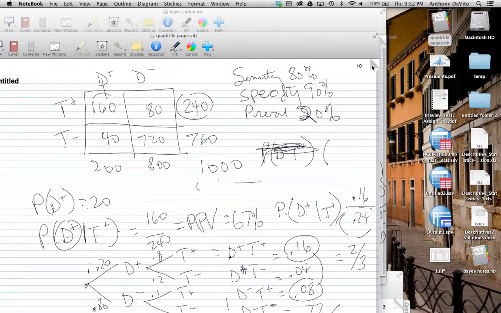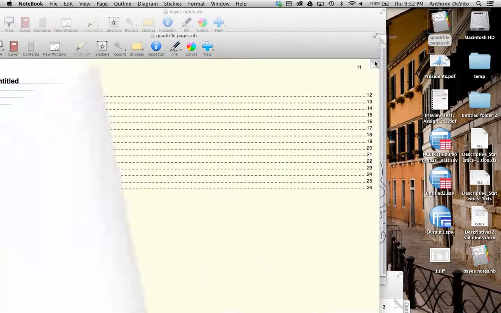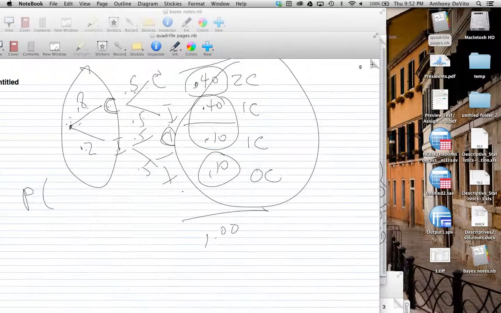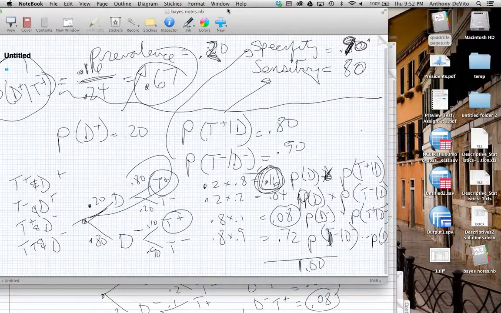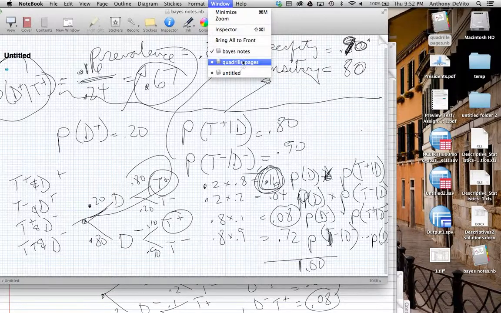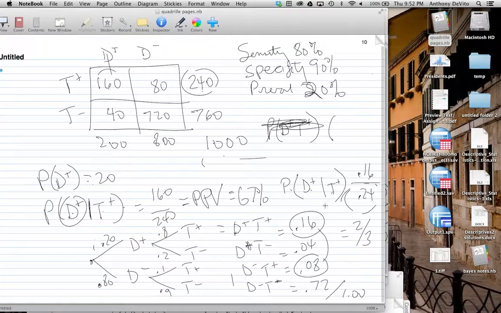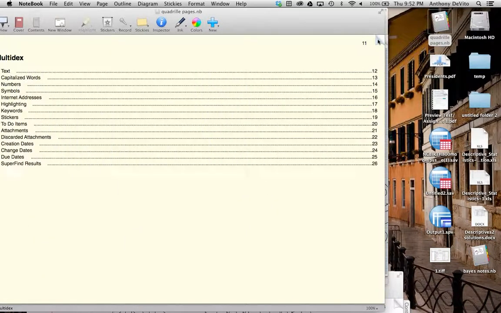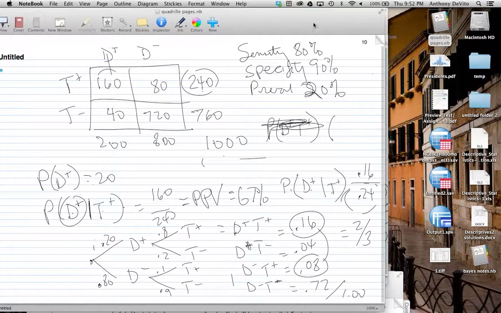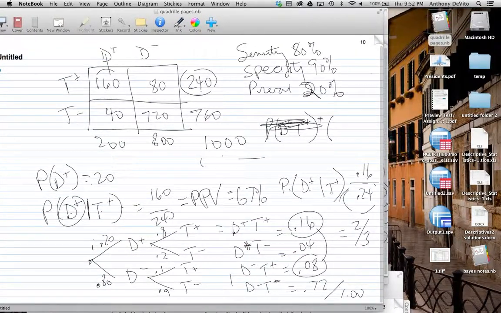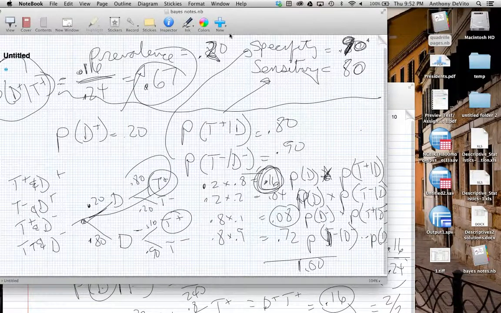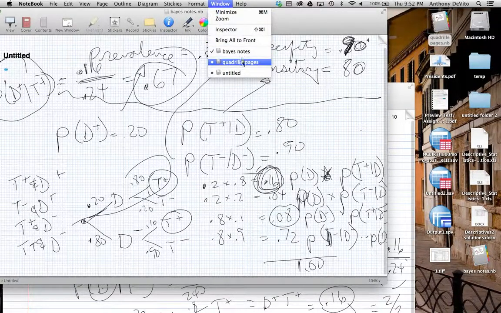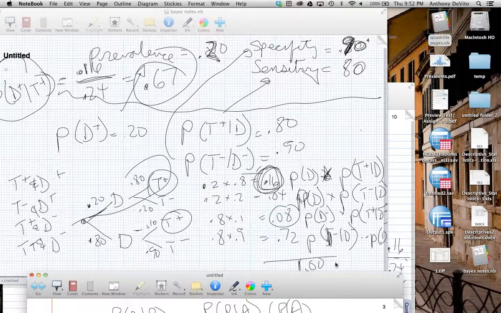Was it over here? Nope, that's too far. Where did I put it? Do I have a third page open here? Yeah, I have a third page open. That's what happened. Okay. All right, so now, let's see. If I go back here, I have to get back to the page I was working on. Where did that go? Bayes notes, untitled, another untitled. Here it is.